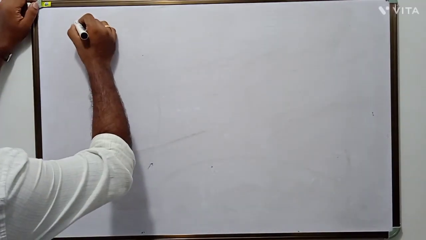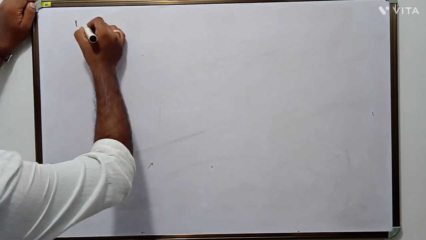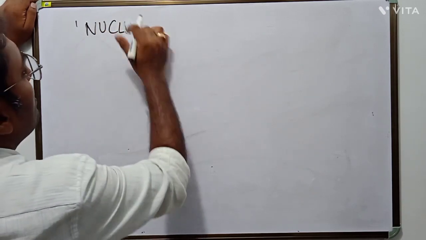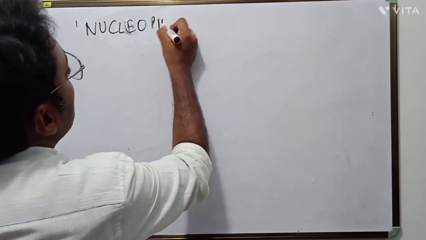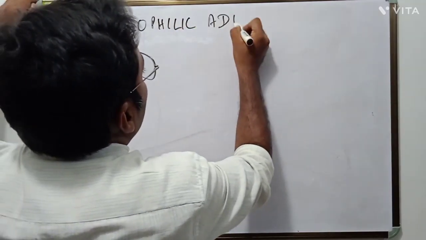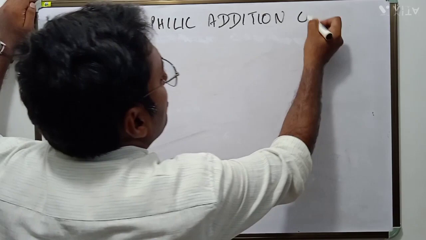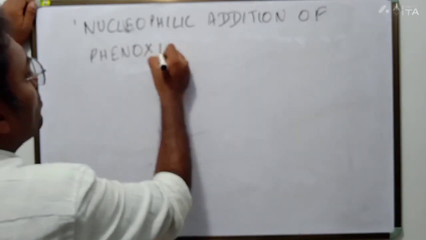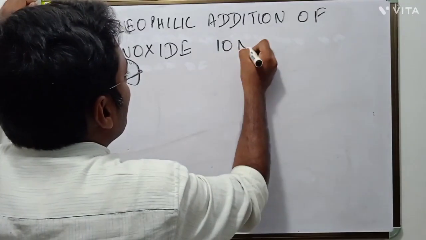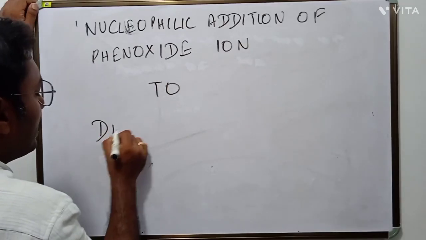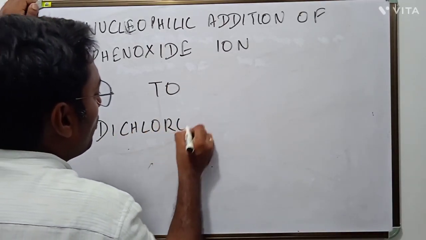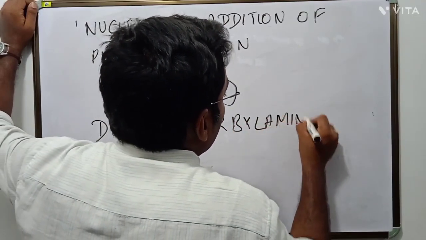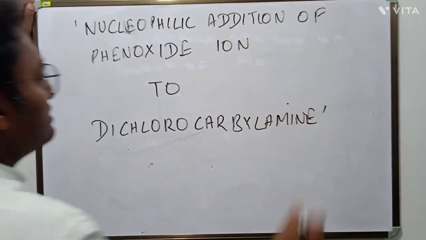Okay, let us now discuss the mechanism. Mechanism. Just a single sentence defines the mechanism. First you have to write: nucleophilic addition of phenoxide ion to dichlorocarbene.